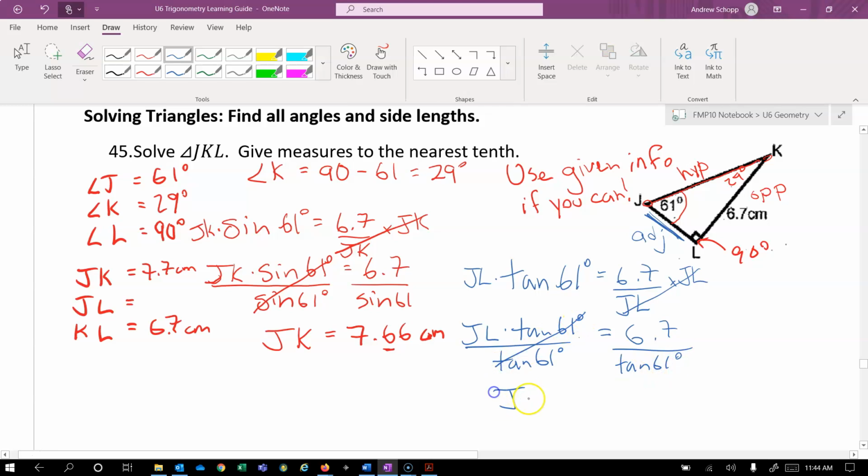And JL is now equal to 6.7 divided by the tangent of 61, which I believe gives us 3.71 centimeters. Rounding that to the nearest tenth would be 3.7. And now we have solved our triangle. We have all three angles and all three sides.